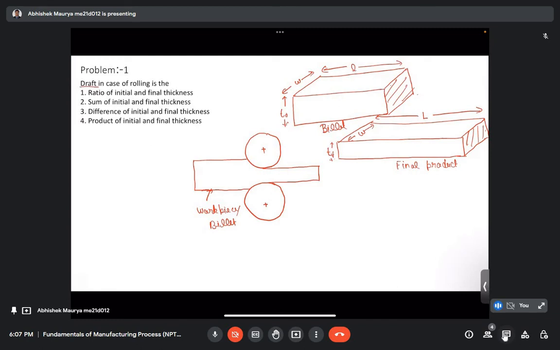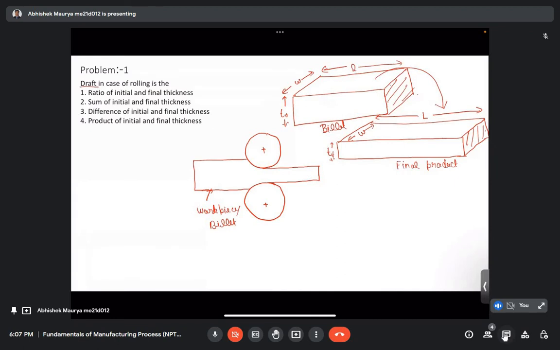Here one thing we have to note down, that the width of the billet is not changing even after the rolling. So from here to here, how can we go? We can go with the process of rolling.